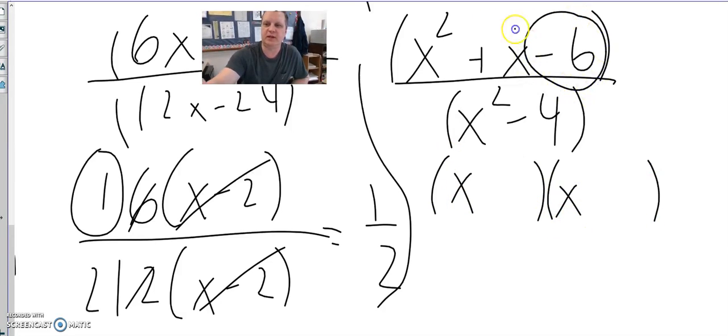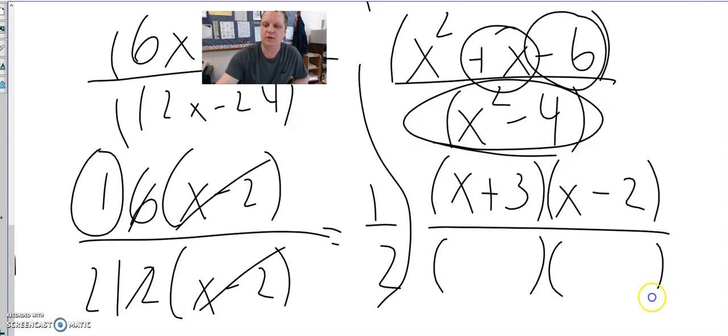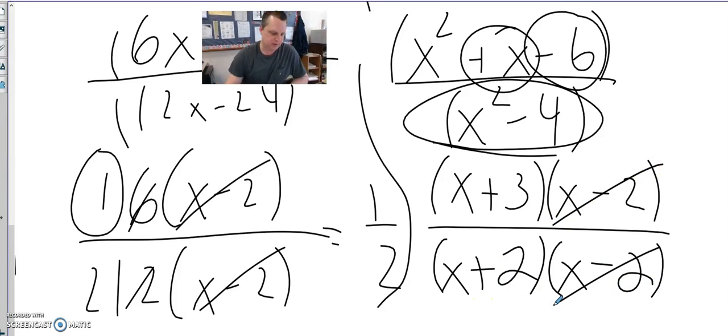Factors of negative 6 that give you a 1 are positive 3 and negative 2. X squared minus 4 is a difference of 2 squares. So I have an x and x, 2 and 2, plus and minus. Because then the x minus 2's will cancel. You have x plus 3 over x minus 2.